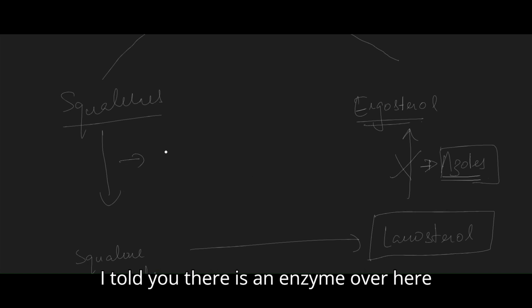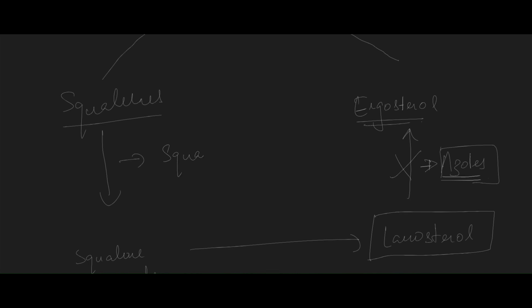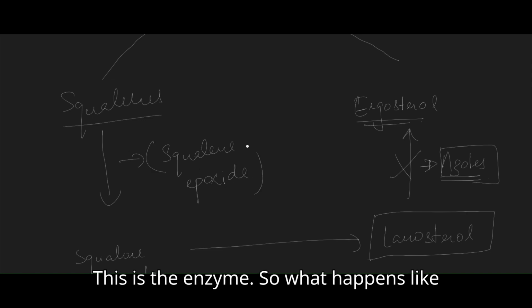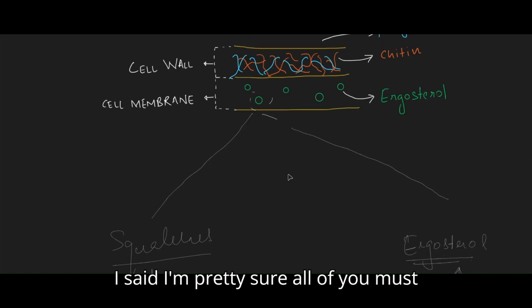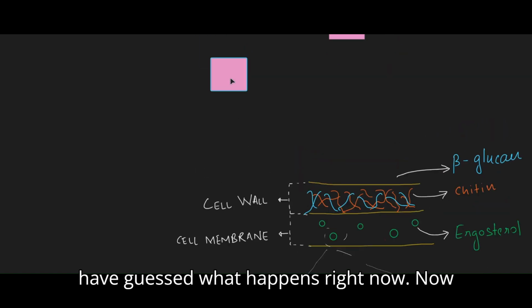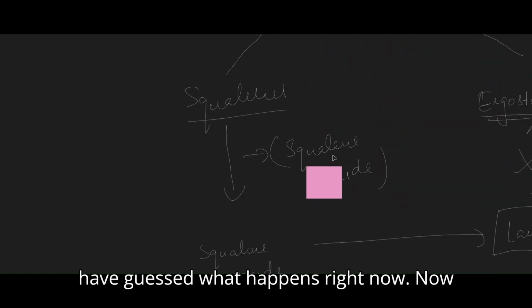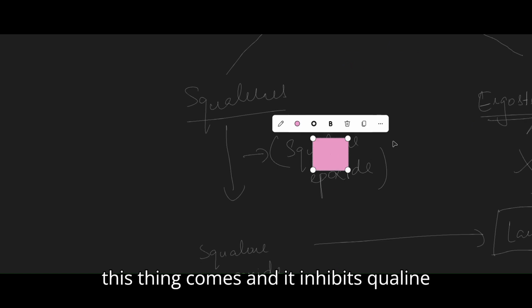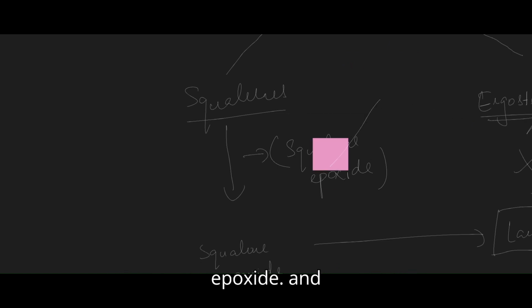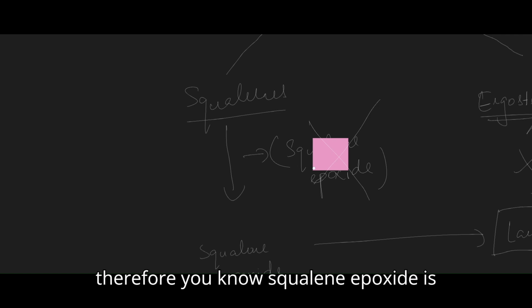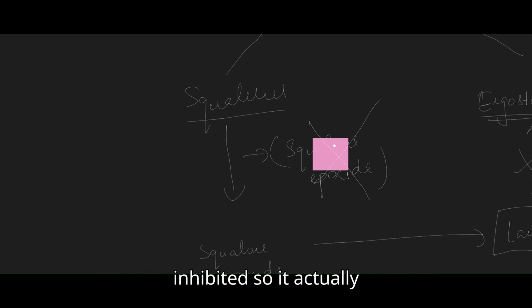Now I told you there was an enzyme over here known as squalene epoxidase. This was the enzyme. So what happens? I'm pretty sure all of you must have guessed what happens right now. This thing comes and it inhibits squalene epoxidase, and therefore squalene epoxidase is inhibited.